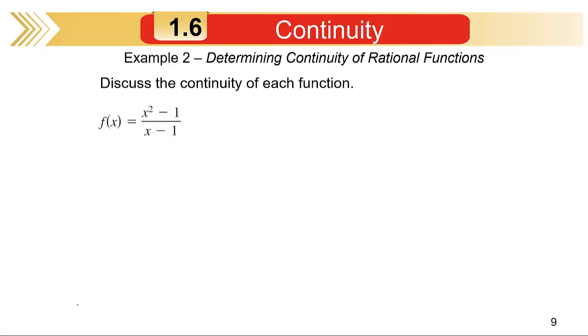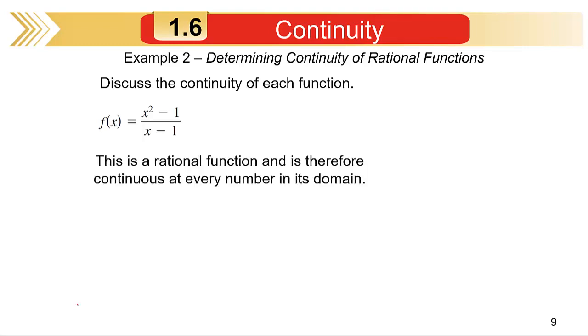How about this one? F of x equals another rational function, x squared minus 1 over x minus 1. Again, the only place you can have a point of discontinuity is when the denominator is equal to 0. So what value of x, value or values, causes division by 0? If you look at it, you can see that it's 1. If you try to plug a 1 in, you're going to get division by 0.